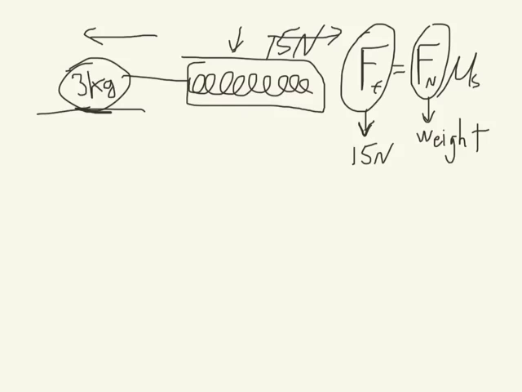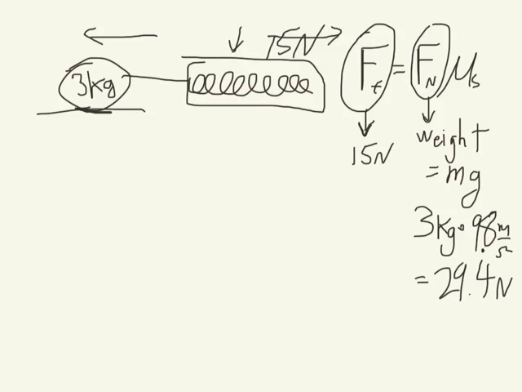And we know that we can find something's weight, if we're given its mass in kilograms, by just multiplying the mass by the acceleration of gravity. So here the mass is 3 kilograms and the acceleration of gravity is 9.8 meters per second squared, and we get 29.4 kilograms times meters per second squared.